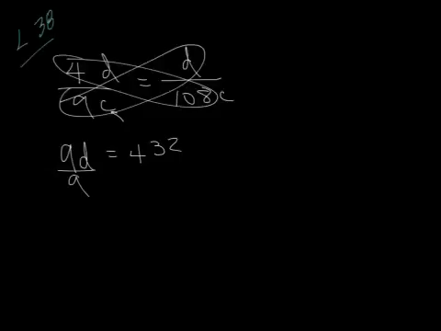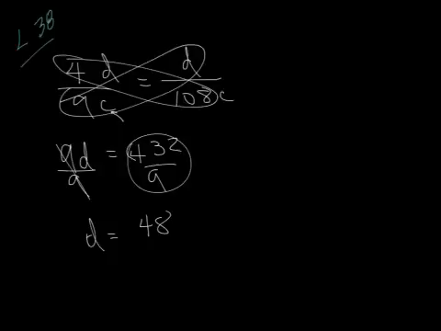Divide by 9, divide by 9. Ducks equals 48, because 48 times 9 gives me 432. So when there are 108 chickens, there are 48 ducks. So that's it for lesson number 38.